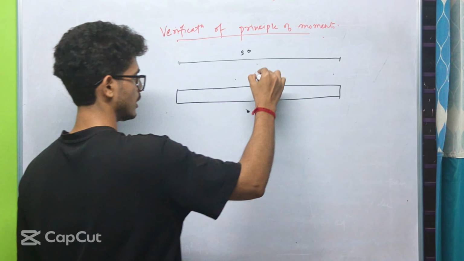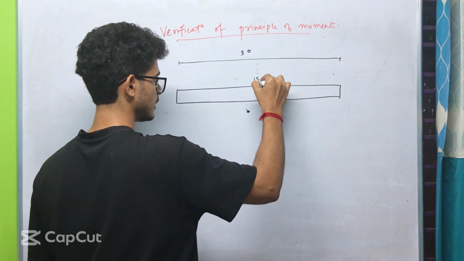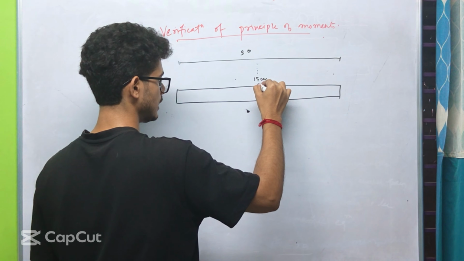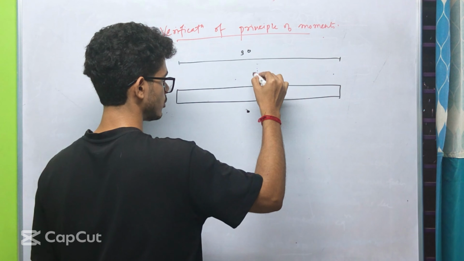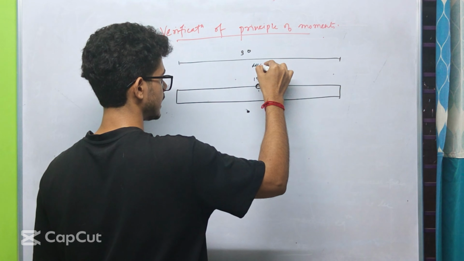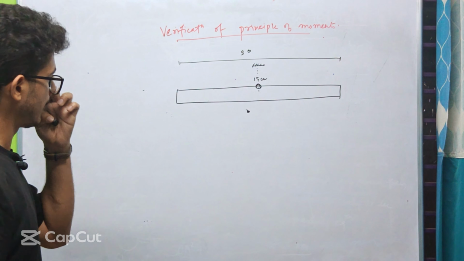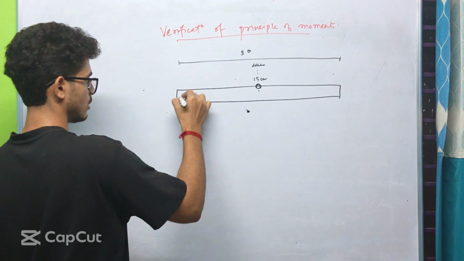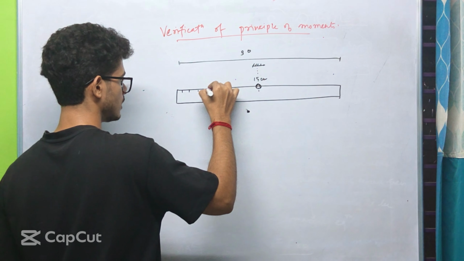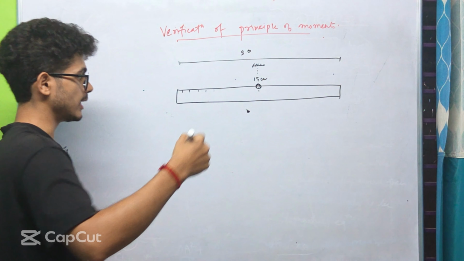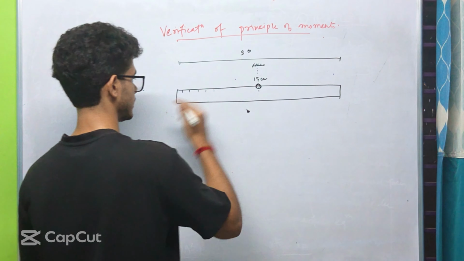We have hanged it with this point as the hinge or pivot point. We have hanged it here. Now we want to verify if the principle of moments holds good to this.